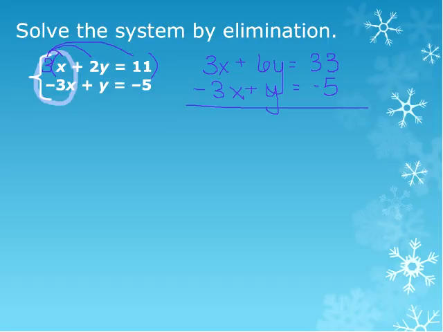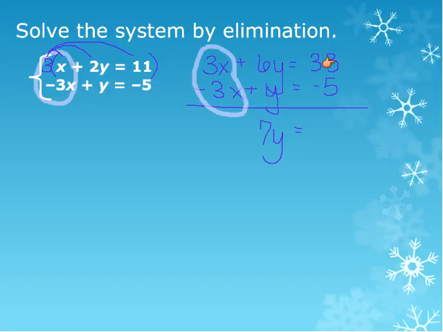All right, so when I add these together, the x's go to 0. They have been eliminated. Let's see what's left for the y's. What is 6y plus 1y? All right, we get our 7y there.